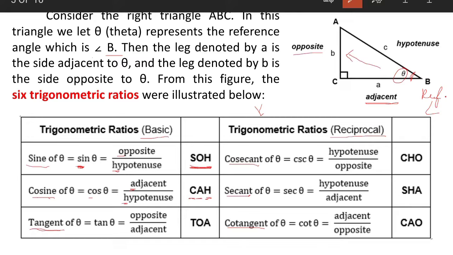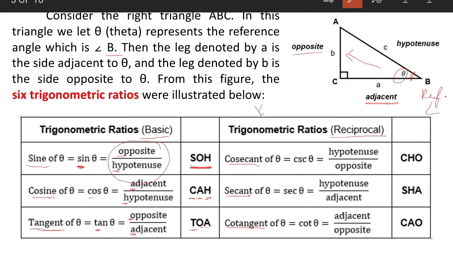And for the tangent, we have TOA. T stands for tangent, O stands for opposite, and then A stands for adjacent. So, once you memorize the basic trigonometric ratios, you will just get the reciprocal of these ratios.